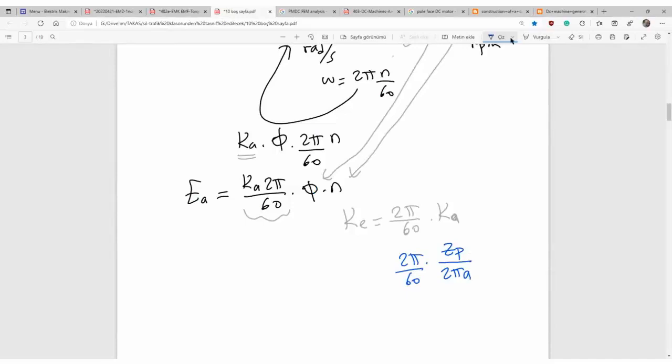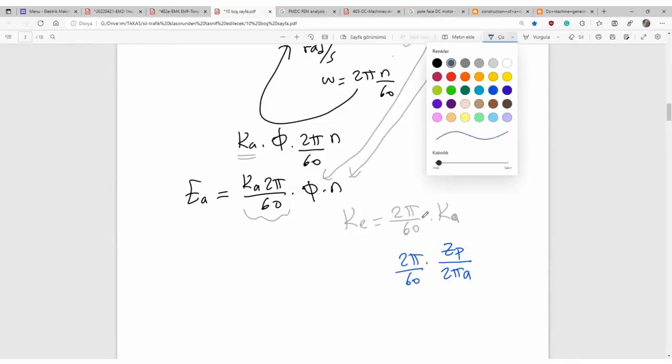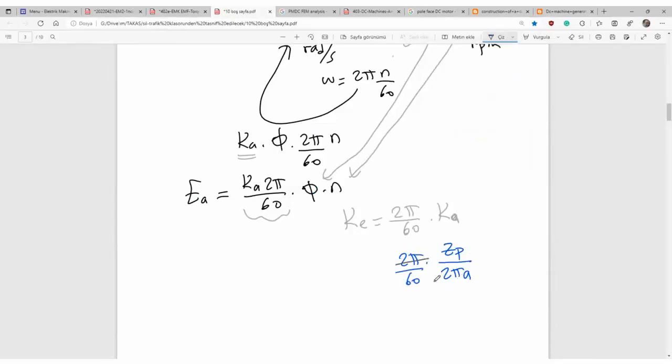And some of the terms will be eliminated. So the resultant Ke is equal to Zp over 60A. You know, p is the number of pole pairs, A is the number of parallel paths in the armature, and Z is the total number of armature conductors.